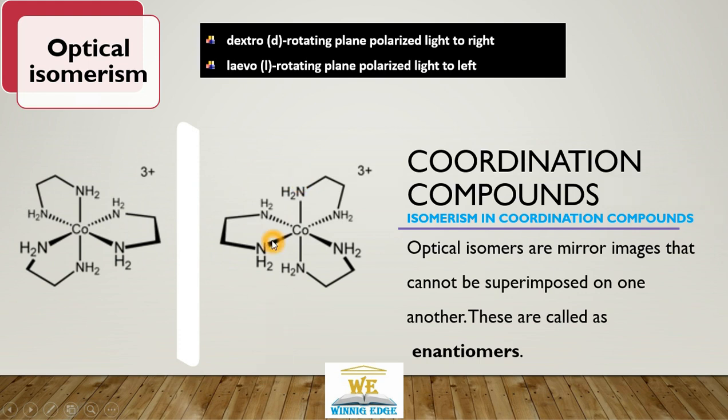Let's say if we rotate it, these are okay, same, but here the carbon atoms or this ethylene group is on the other side, this is on the other side. If we rotate it, it will go toward the back. It will never superimpose on the other. So this is a dextro form, this is a levo form.